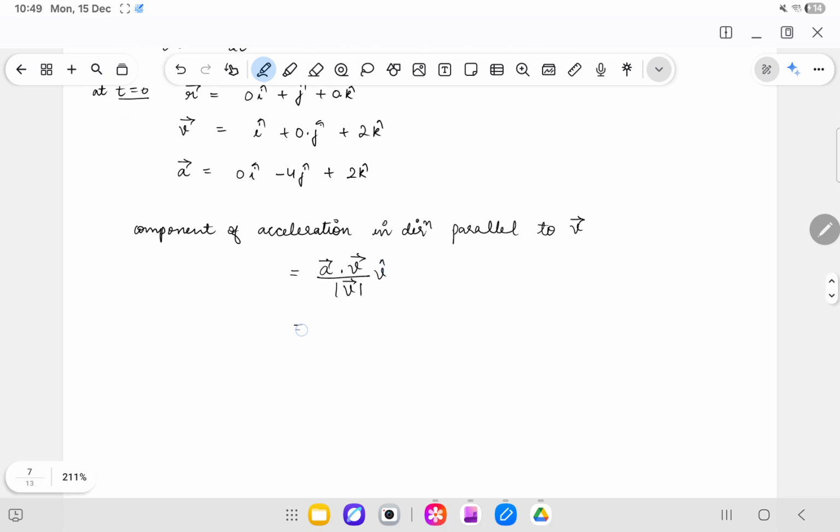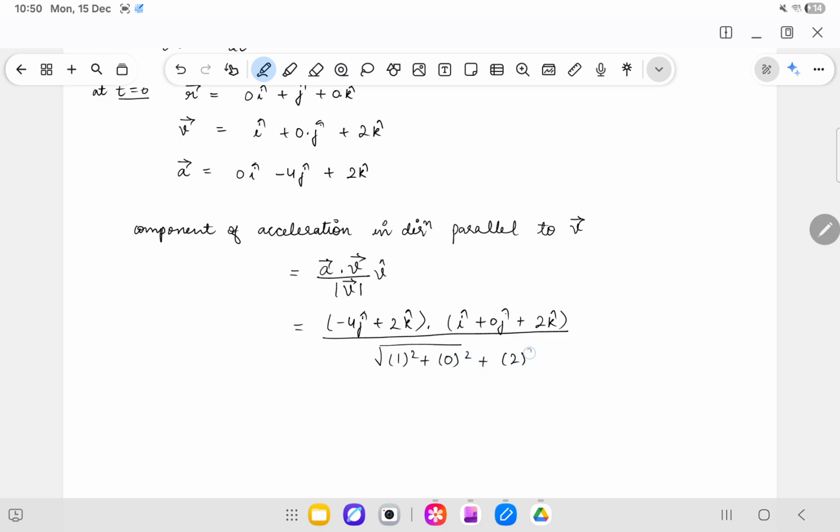So it will be equal to, our acceleration vector is minus 4 j cap plus 2 k cap, and our velocity vector is i cap plus 0 j cap plus 2 k cap, divided by the absolute value of the velocity vector, that will be 1 square plus 0 square plus 2 square, times the unit velocity vector, and it will be i cap plus 2 k cap divided by square root of 1 square plus 2 square.